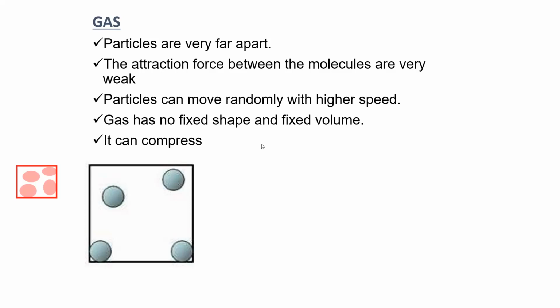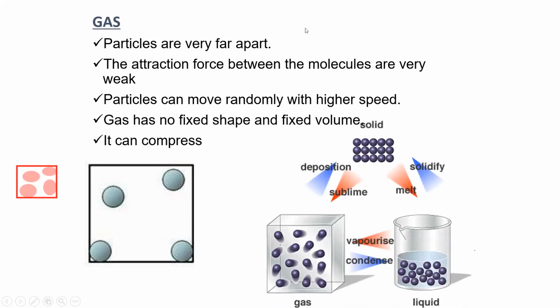Then you have to learn the changes in state. One state can change to another. If a solid is turning into a liquid, we call it melting. If a liquid turns into a solid, we say solidify, or we can use the term freezing.